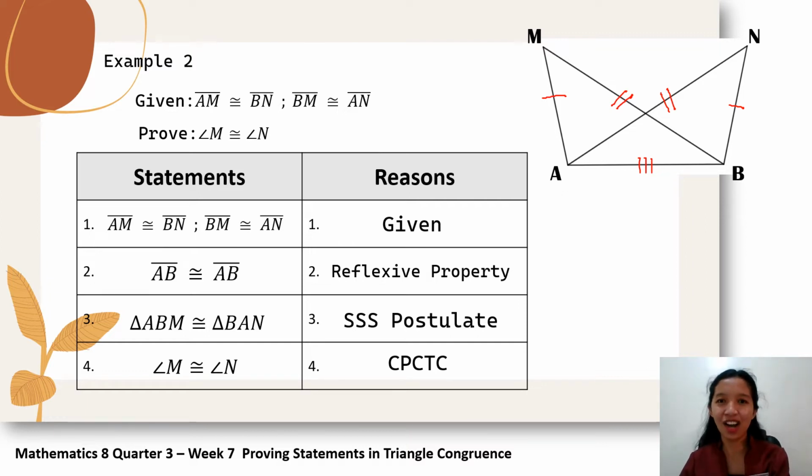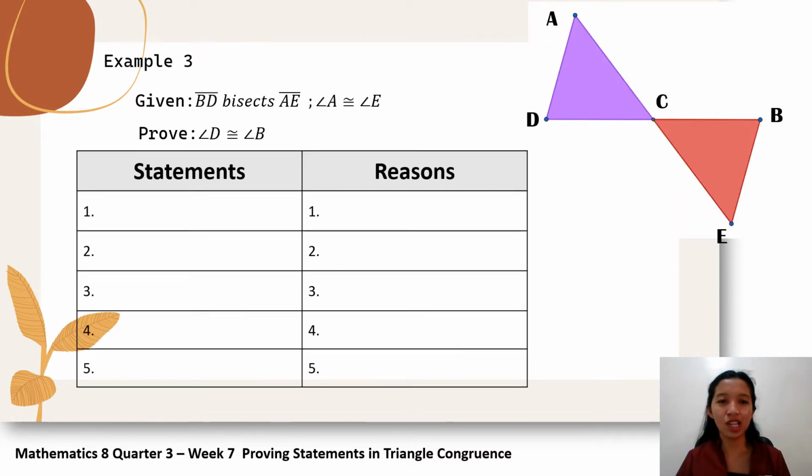So let's now have another example. So here is our third example. Our given is line BD bisects line AE, and angle A is congruent to angle E. And what we need to prove is that angle D is congruent to angle B. So the first step is to put our given on our table.